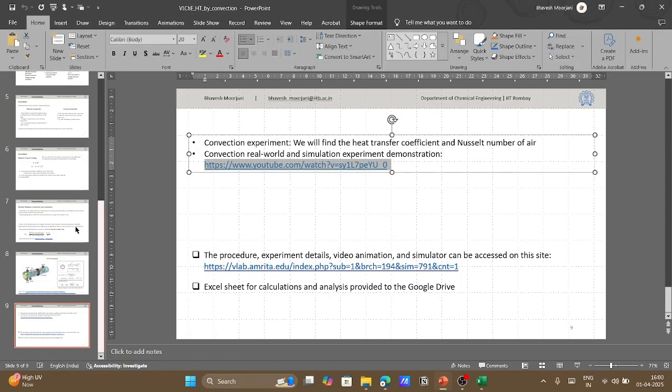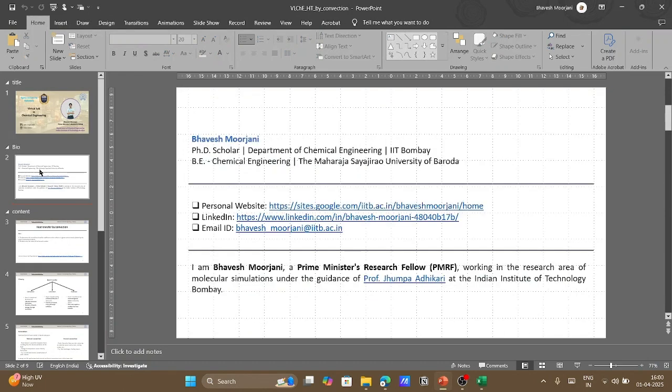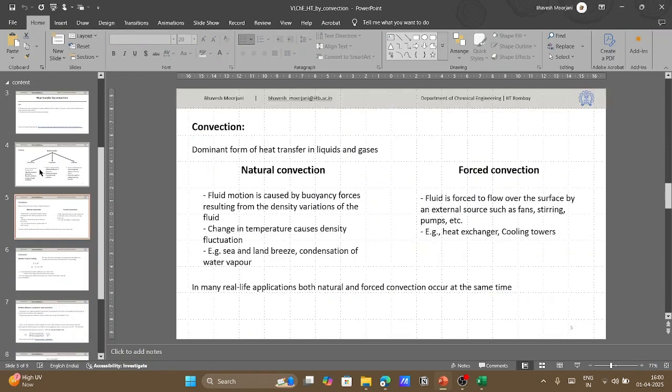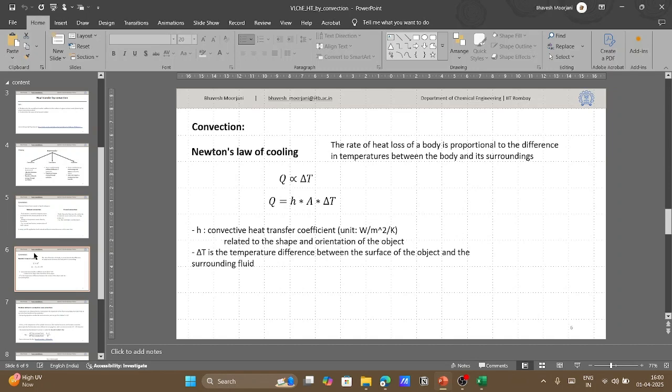In this experiment, we learned about the convection principles and classification of convection. The primary classification is natural and forced convection, and then based on the flow regime we can further divide into laminar convective heat transfer, turbulent convective heat transfer, or whether phase change has occurred or not. We learned about Newton's law of cooling, which is very straightforward.